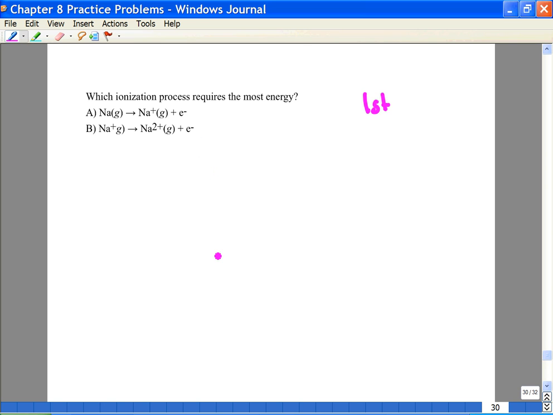So letter A represents removing the first electron, the first ionization energy. But this one represents removing the second electron to end up with the sodium 2 plus ion. Since this is the second ionization energy, it will require the most energy.